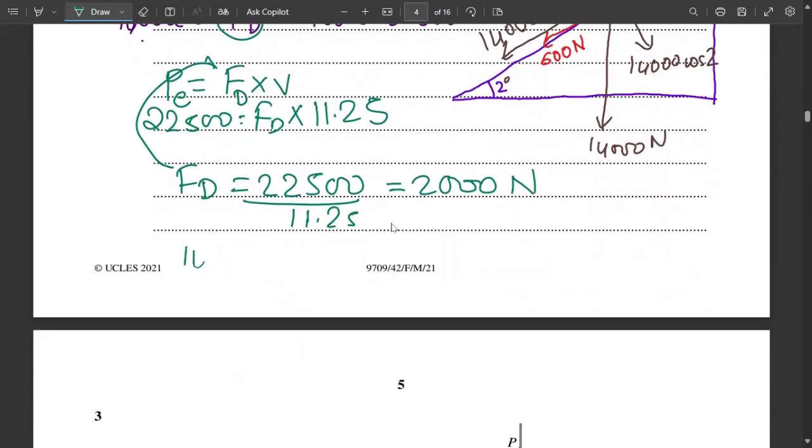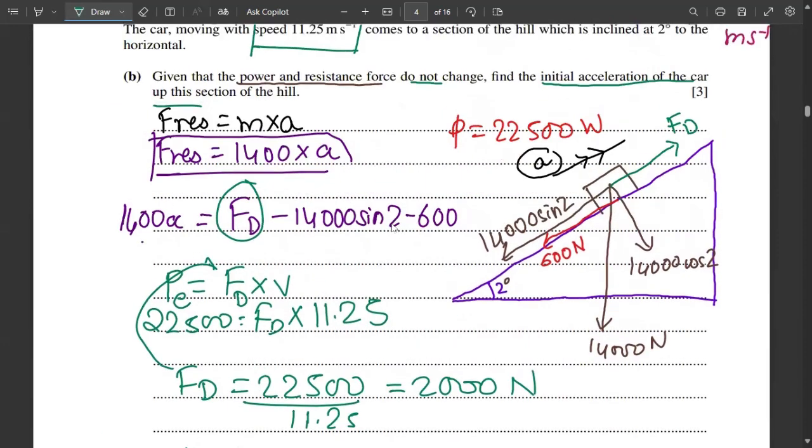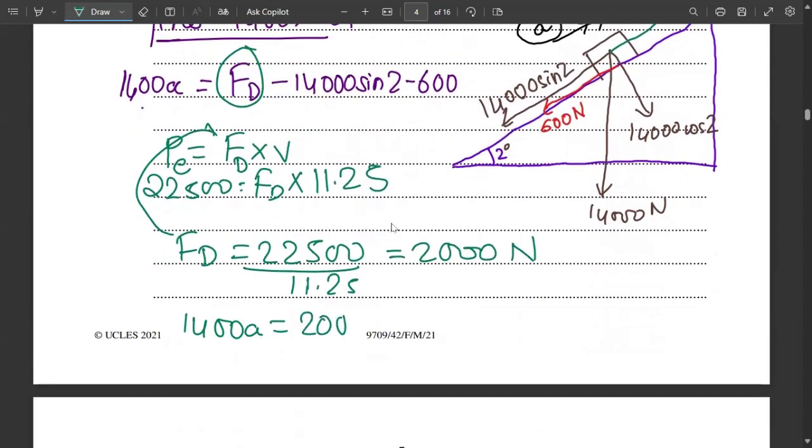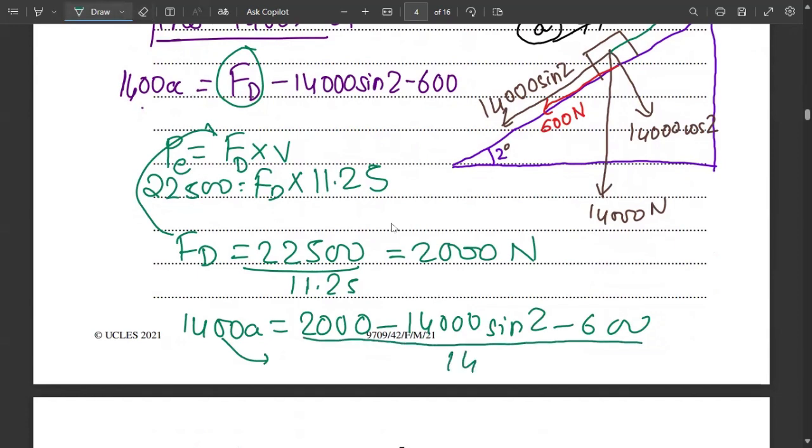So 14,000 alpha is equal to FD. Instead of FD, I will write 2000 minus 14,000 sine 2 minus 600. So now alpha is the only variable remaining, and this 14,000 I can take down. So it will become divided by 1,400, not 14,000, my bad. So this 10 we'll have to remove. Even this 14,000 I can remove now.